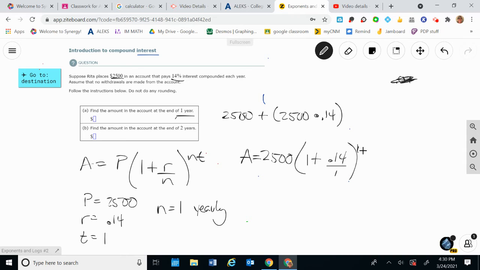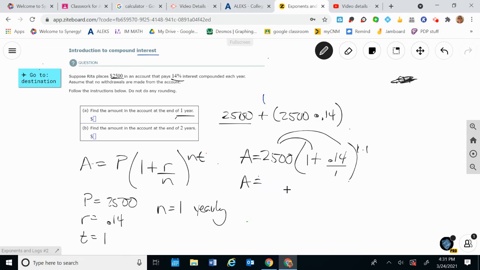N is 1, T is 1. See how that's just 1? So see how it actually is this exact thing? It's 2,500 times 1. Look, 2,500 times 1 is 2,500 plus 2,500 times 0.14. They're both the same equation, just written slightly differently.